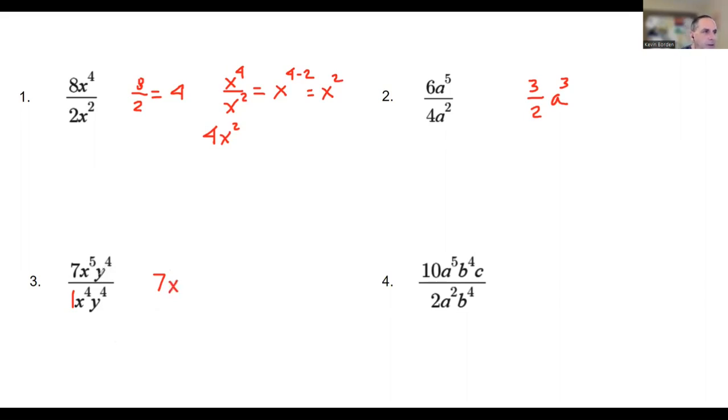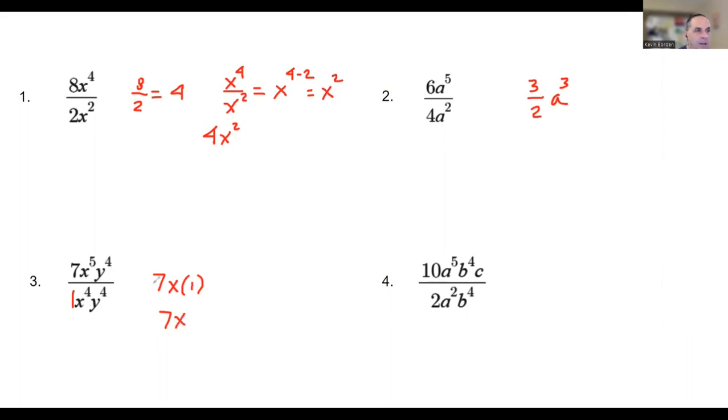And then we have y to the 4th divided by y to the 4th. Well, this one might be confusing because 4 minus 4 is 0. What does that mean? Well, remember that anything divided by itself is just the number 1. And we could write 7 times x times 1, but normally we don't write that 1, and our answer would just be 7x.